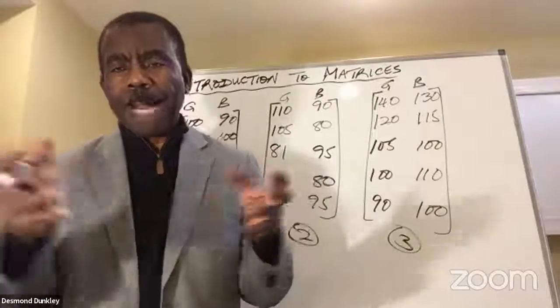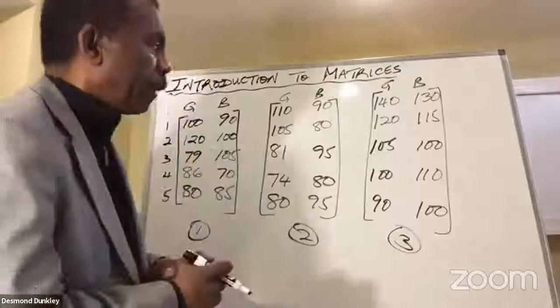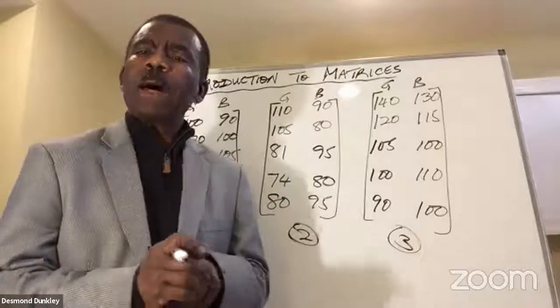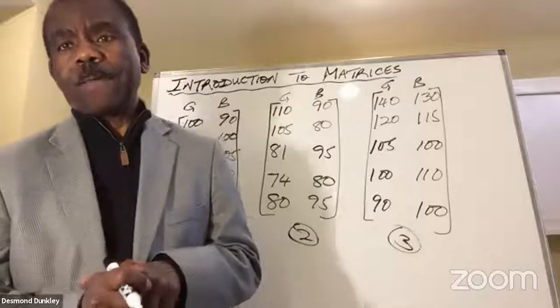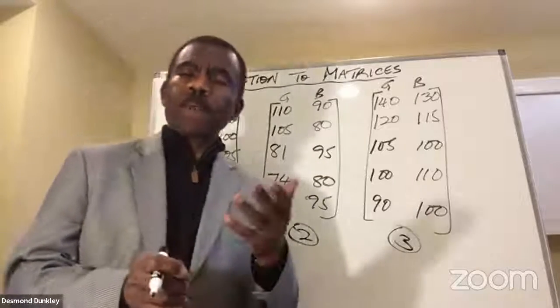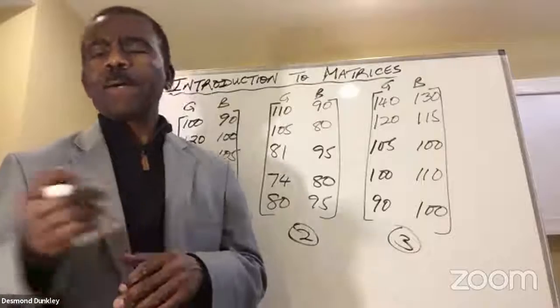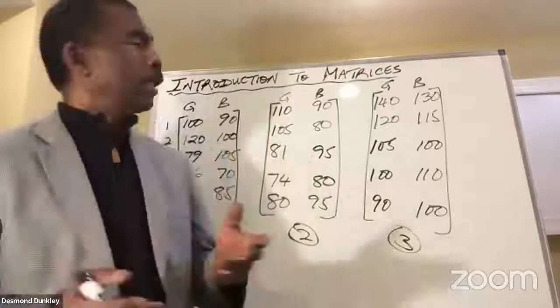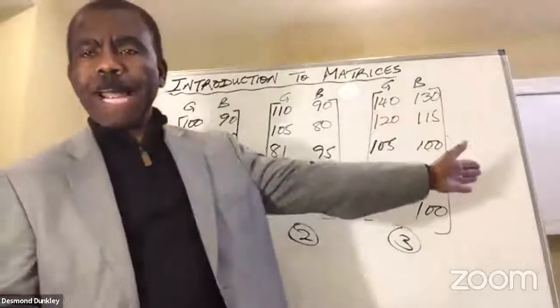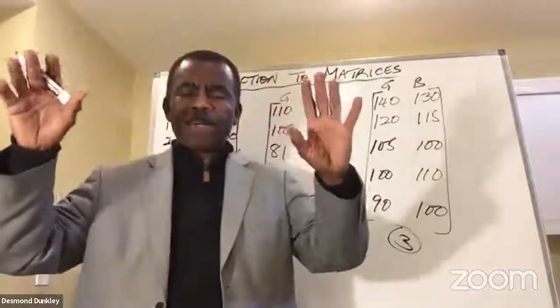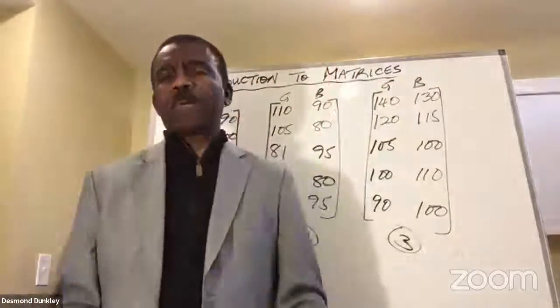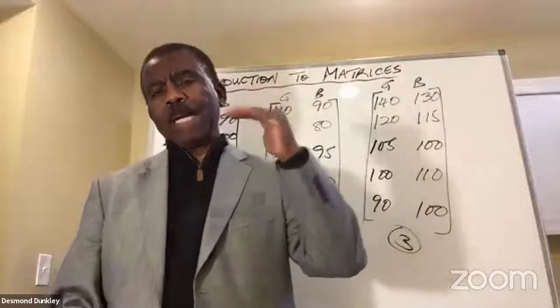You can combine them to find out in your school district how many boys are in first grade, how many girls are in first grade, how many boys are in fourth grade, how many girls are in fourth grade, etc., etc. So from these three, you could combine them to get one matrix that gives you all the boys and girls in the entire district by grade level.